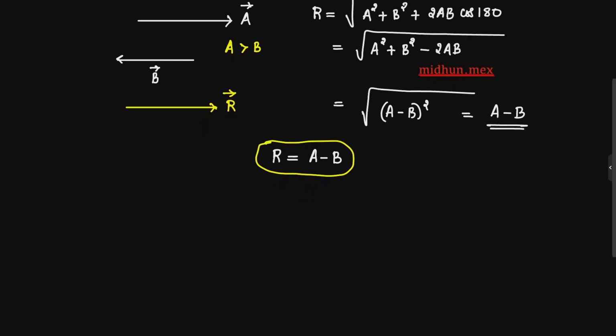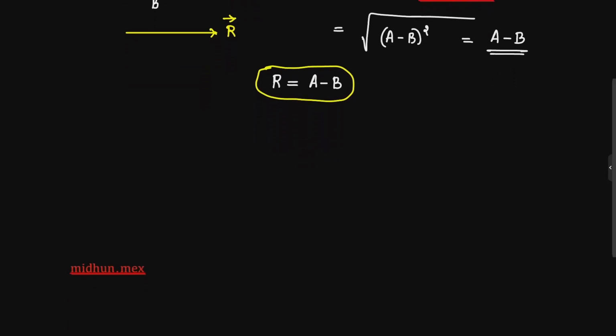Now let us see one example. In this example, we are going to take a rectangular block like this, and let us apply forces. Here one force is acting. This force may be 30 Newton, and here another force is acting.